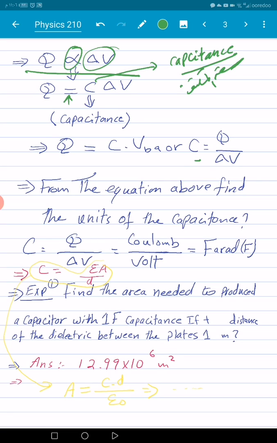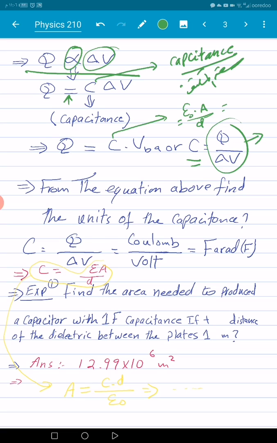Then C is equal to Q divided by delta V. C, we know it from the first equation. It's epsilon naught A divided by D, because we use the A. So what is the unit of the capacitance? From this equation or from this equation, same.